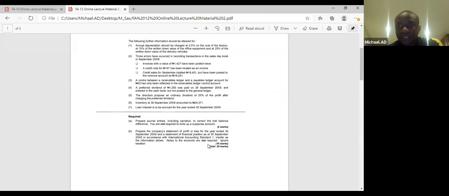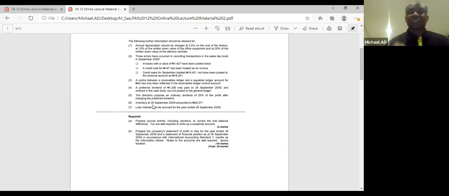Okay, let's look at another one. It says that a contract between receivable ledgers and payable ledger account for 43 Naira has only been reflected in receivable ledger control account.